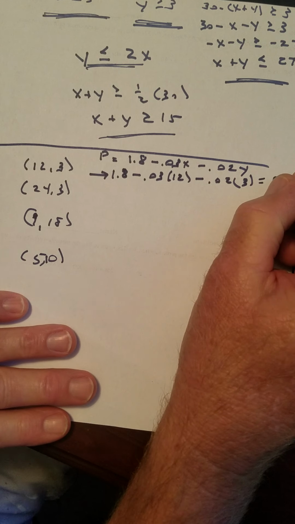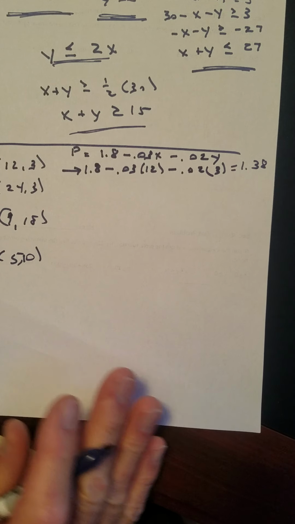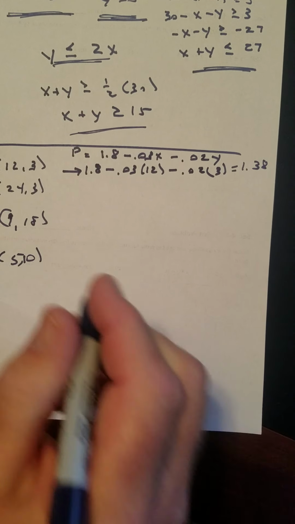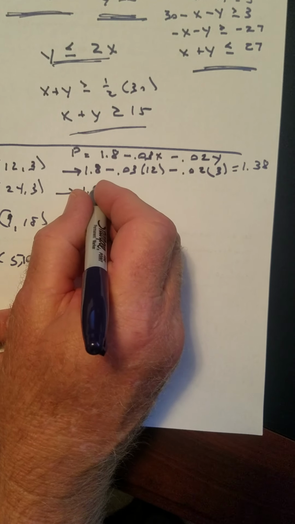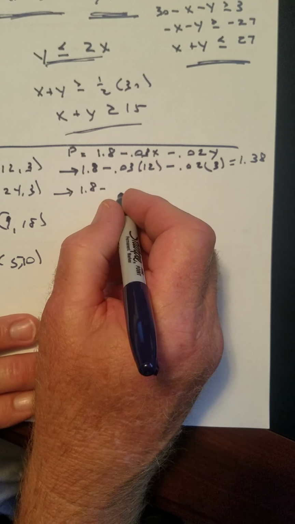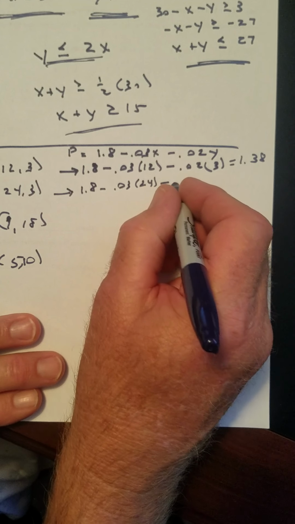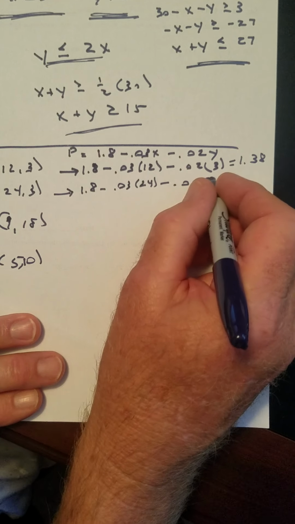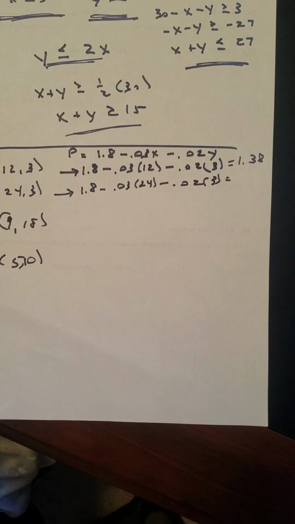And this came out to be 1.38. Remember that's million, 1,380,000 if you want to make that a bigger number. On the next one, it's going to be 1.8 minus 0.03 times 24 minus 0.02 times 3. Okay, 1.8 minus 0.72 minus 0.06.